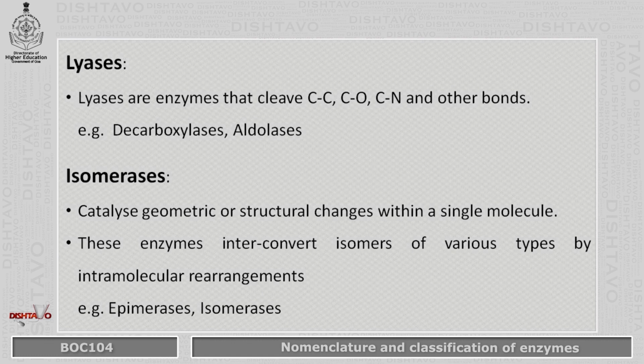Isomerases are a group of enzymes catalyzing geometric or structural changes within a single molecule. These enzymes interconvert isomers of various types by intramolecular rearrangements. Examples include epimerases and isomerases.